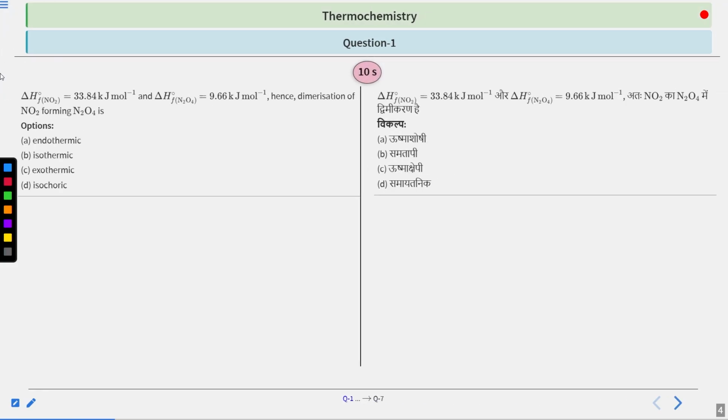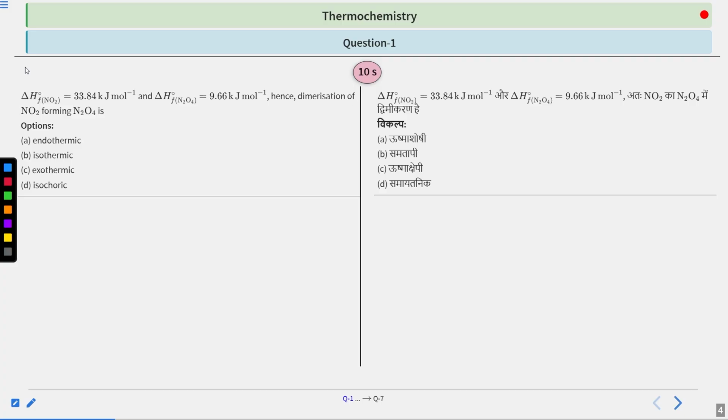So the first question for today. Delta H naught F of NO2 is equal to 33.84 kilojoule per mole, and delta H naught F of N2O4 is equal to 9.66 kilojoule per mole.